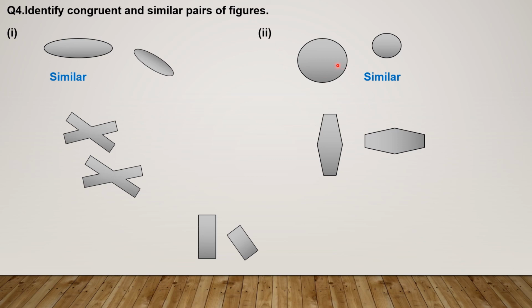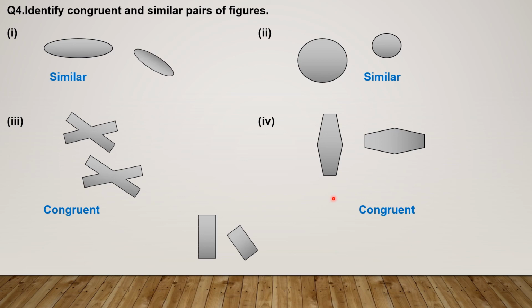Part number 2, two circles are given to us. Shape is the same, meaning both are circles, but sizes are different, meaning they are not congruent, they are just similar. Part number 3, look at their sizes, look at their shape. Both things are the same over here. Shape is the same, both are crosses, and sizes are also the same, meaning they are congruent.